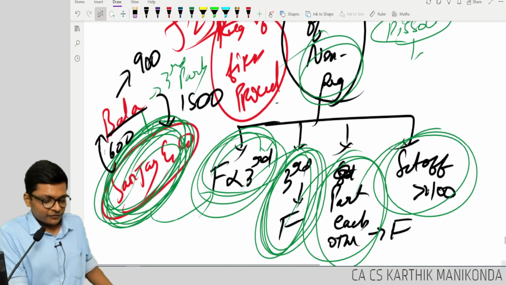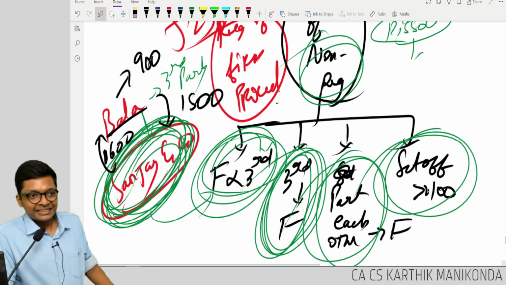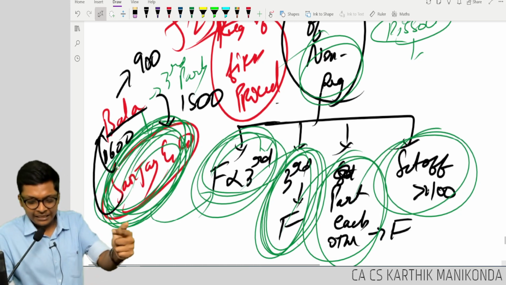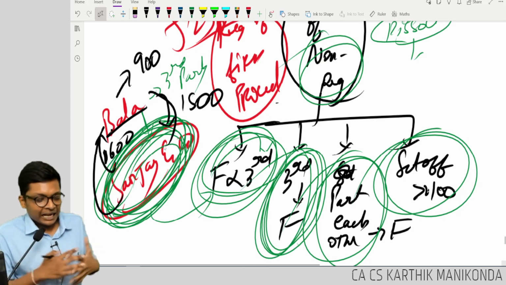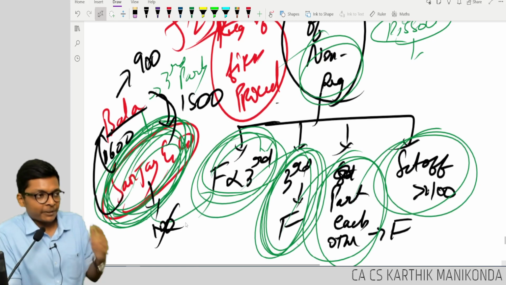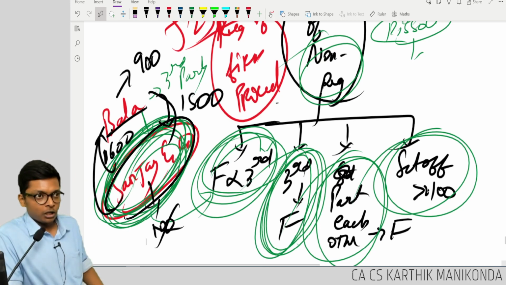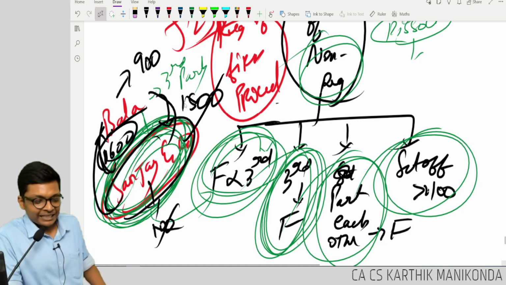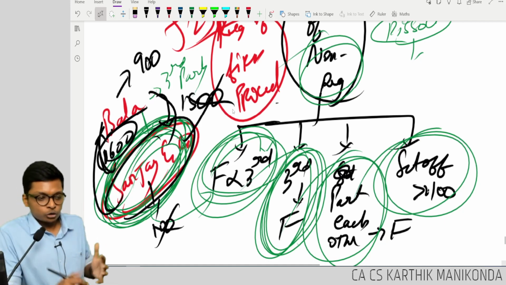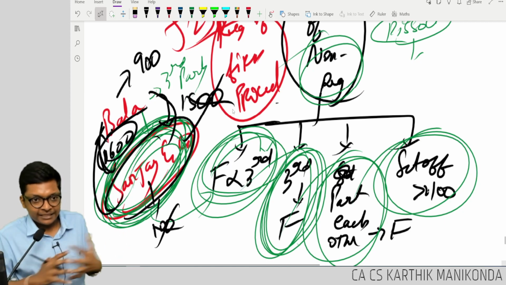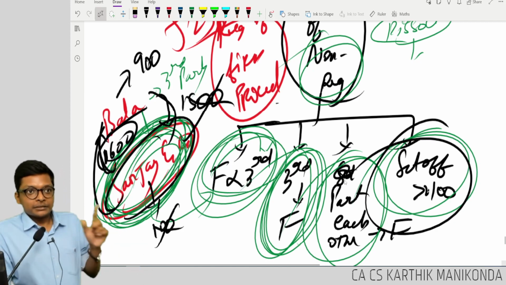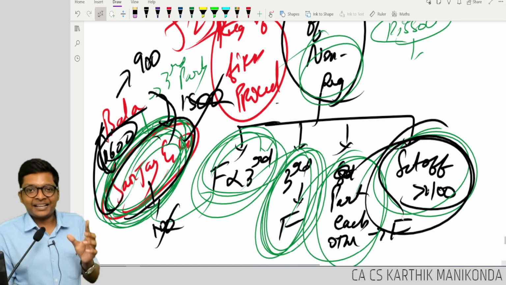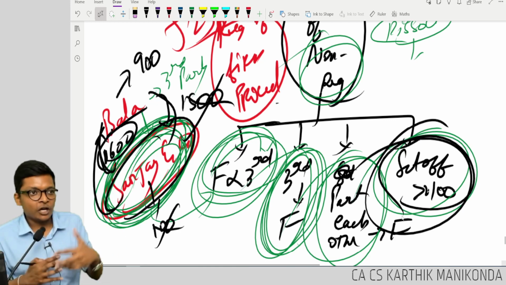The opposite: if Sanjay has to pay 1600 to Bala, and has to receive 1500, adjusting, how much will I pay? It can't be done, because in the eyes of the law, I can only see that you have to pay 1600. I can't see that you can receive 1500. So the set off right of liability and asset will not be given for the firm. They have never tested the number. So set off is not allowed if it's more than 100. Less than 100, 50 rupees, 40 rupees, set off, enjoy.